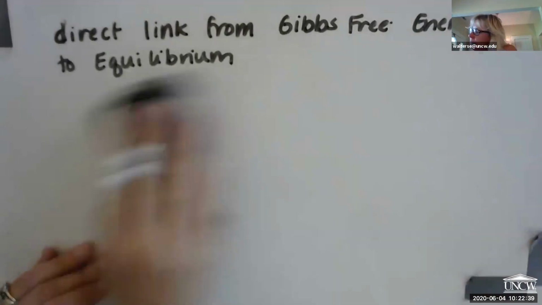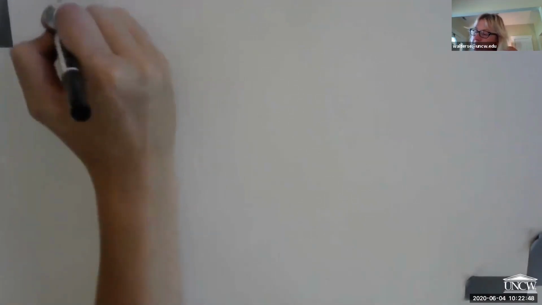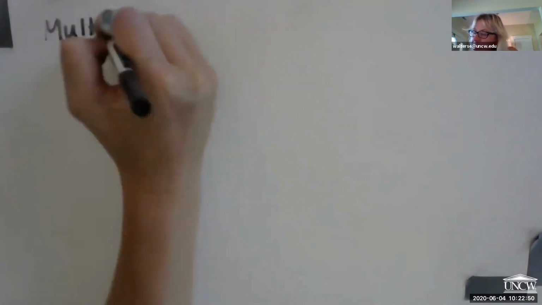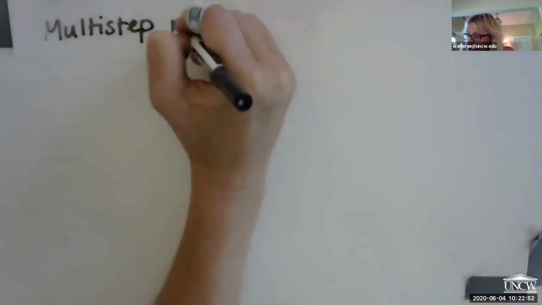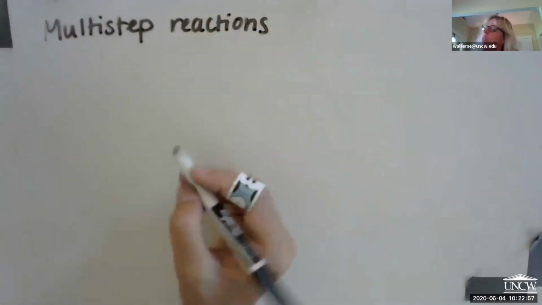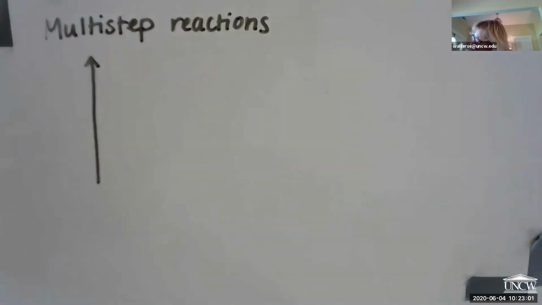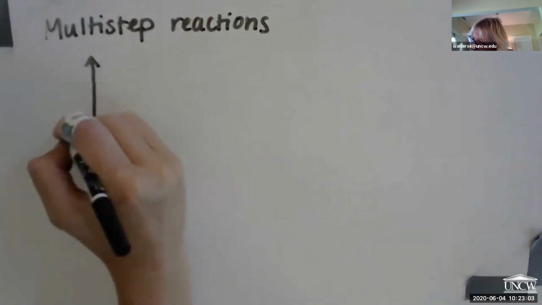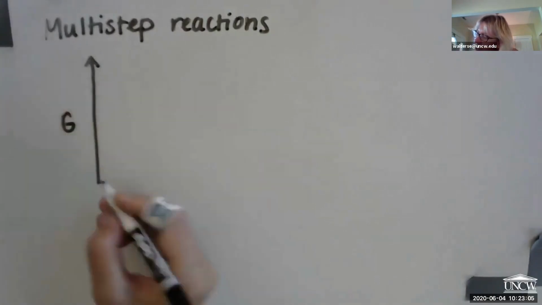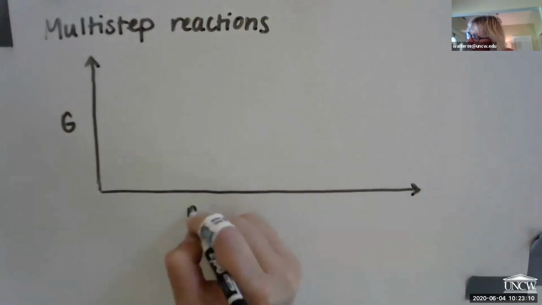The energy level diagrams that I've drawn so far today have been for one-step reactions, but you can have energy level diagrams for multi-step reactions. So this is going to be the Gibbs free energy versus progress.